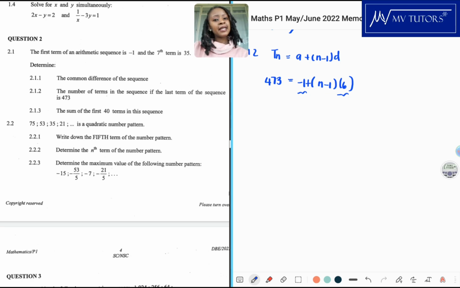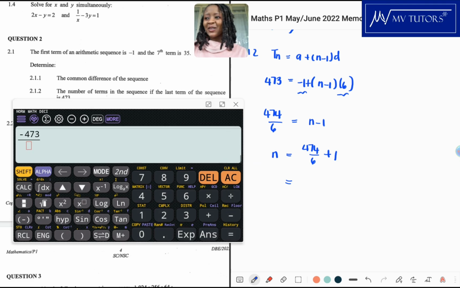Okay, so if I take -1 the other side, I will have 474, right? And if I divide by 6 both sides, I will have n minus 1. Then n would be 474 over 6 plus 1. Okay, now I feel a whole lot better.